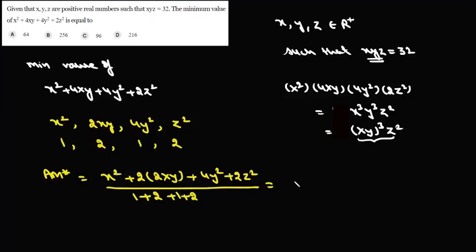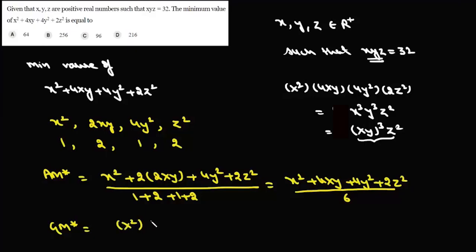So their weighted AM will be x square plus 4xy plus 4y square plus 2z square whole divided by 6. Now we can write their weighted GM. It will be x square, then 2xy whole square, 4y square to the power 1 and then z square whole to the power 1 by 6.